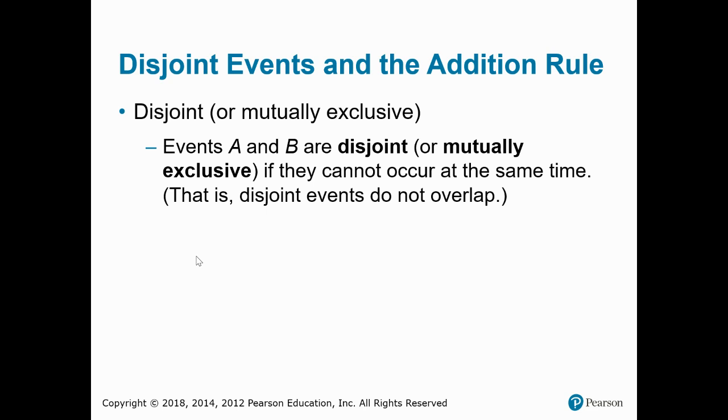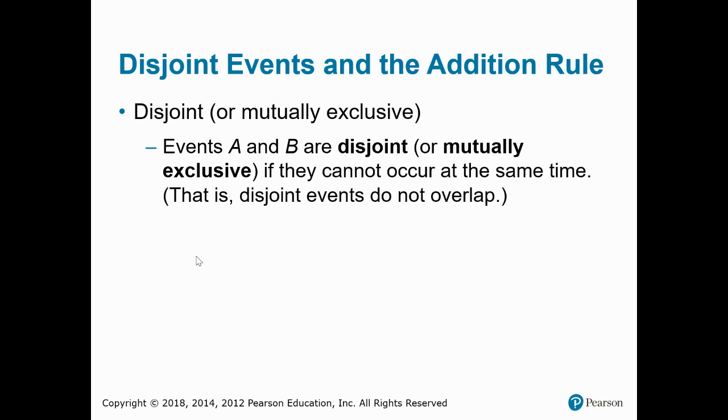A disjoint event. Disjoint, so if you disjoint your shoulder, what does that mean? It separates, right? So event A and event B are disjoint. That's also called mutually exclusive. Much harder to say, especially early in the morning. Mutually exclusive and disjoint mean the same things. If events are mutually exclusive, that means they cannot occur at the same time.